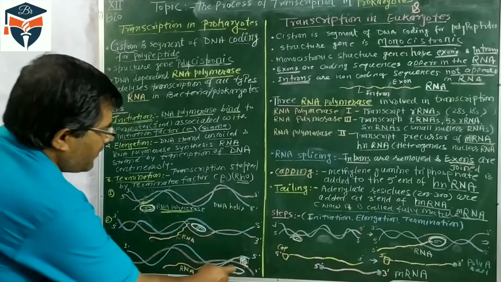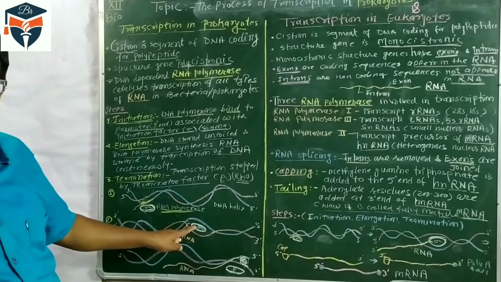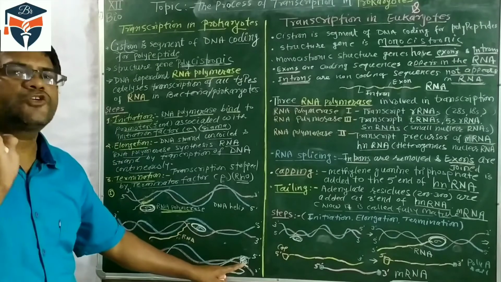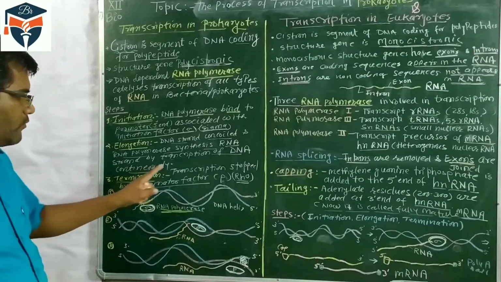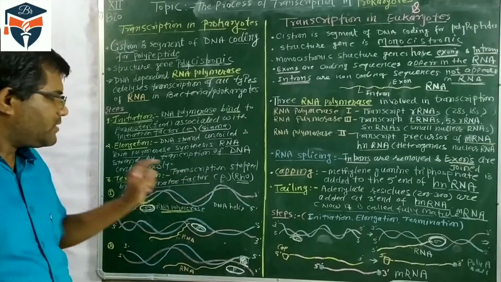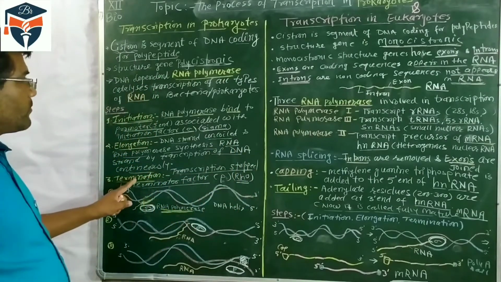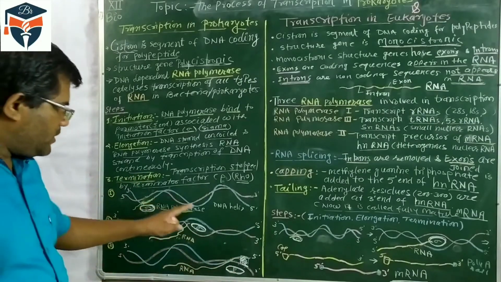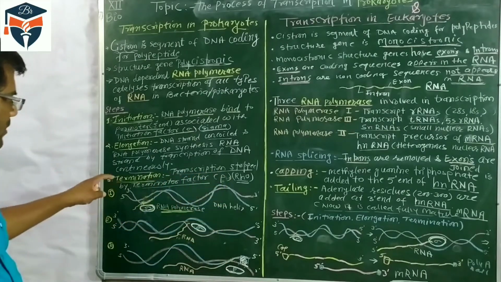And when this terminator factor comes, the RNA polymerase stops working, and the transcription process stops. This terminator factor stops the transcription of the RNA. So the RNA formation process is stopped, and this is called termination.